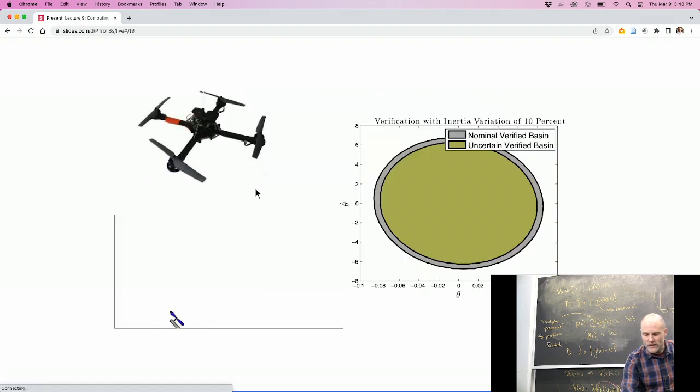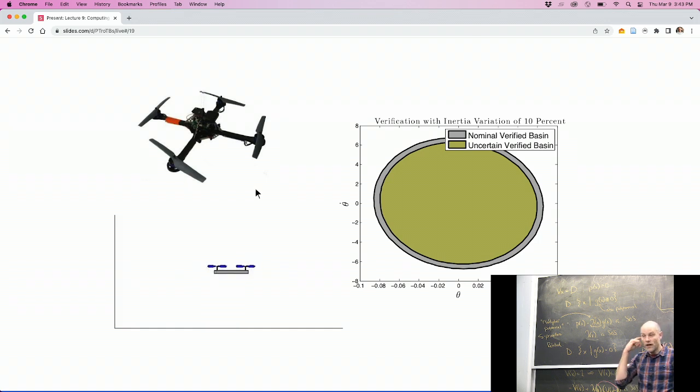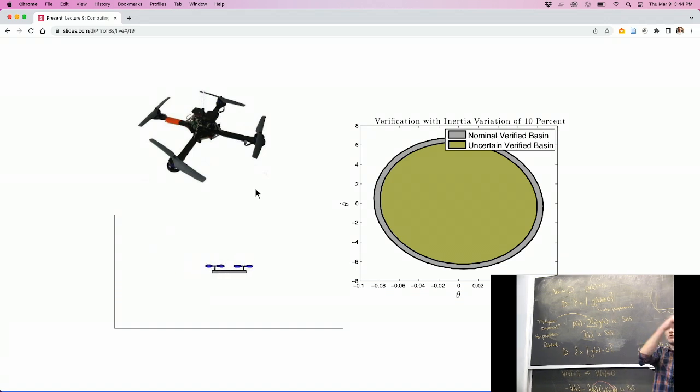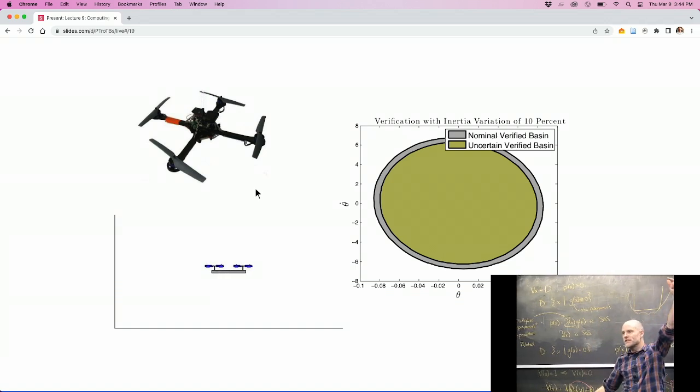Okay, and then the real application for robotics, I think a great example, is to do LQR. This is LQR on the quadrotor, like I showed you before. It's stable. And then you ask, what is the region of attraction of the linear controller on the nonlinear system? Remember, I drew vector fields and said linearization is pretty good for a pretty big space, but how do you know which space it's good for? Well, now we have a tool.